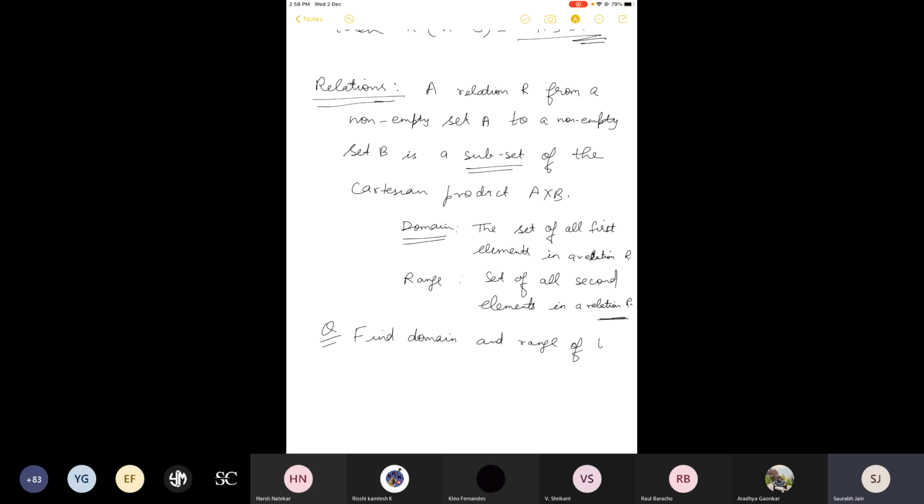Find the domain and range of the relation R given by, they will write something in either roster form or set builder form. So R is a relation such that it is a set of all the ordered pairs (x, y), where y is x plus 6 by x, where x, y belong to natural numbers and x is less than 6.